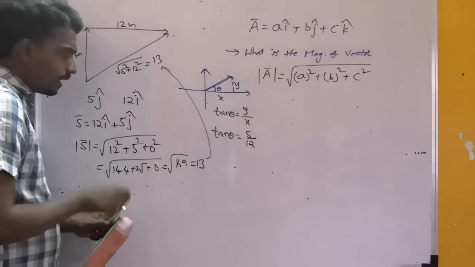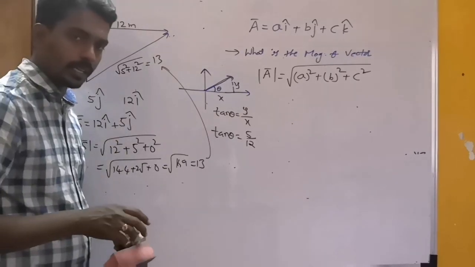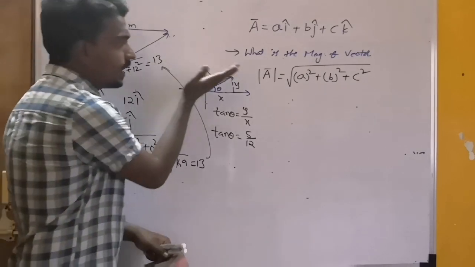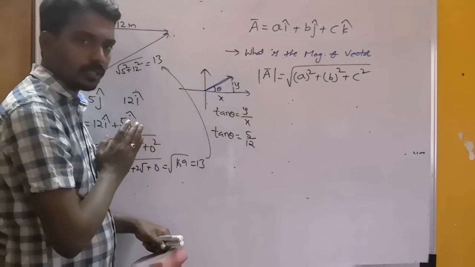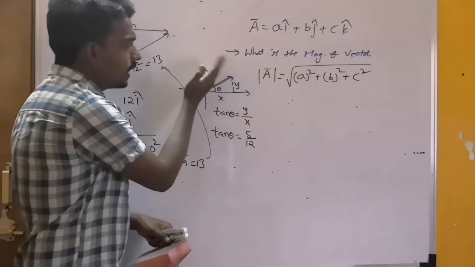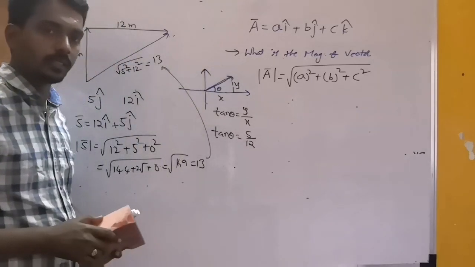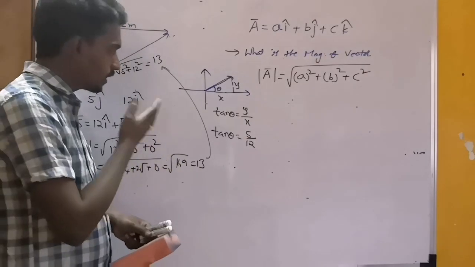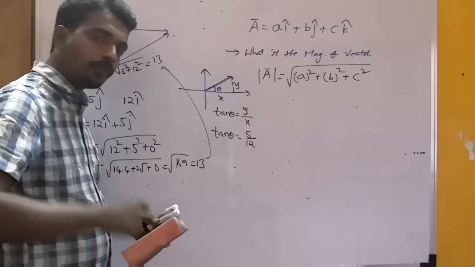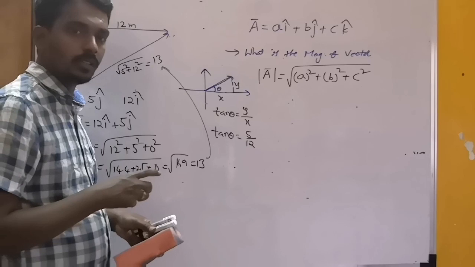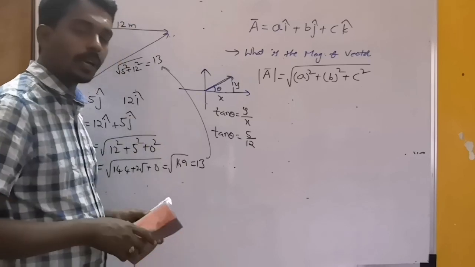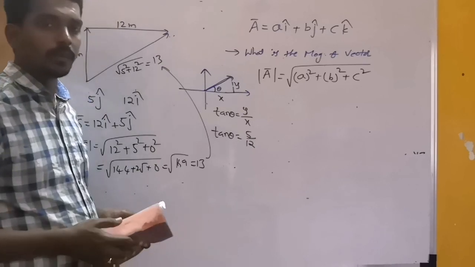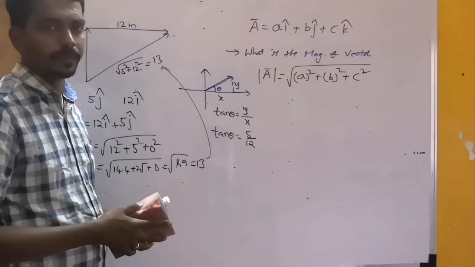So what is the advantage with the vector representation is, you can find the direction. How much angle it is making with the x-axis or how much angle it is making with the y-axis. That's why when they ask about direction and all, then you have to solve the same question with the help of vector representation. For that purpose, the vector representation is needed.